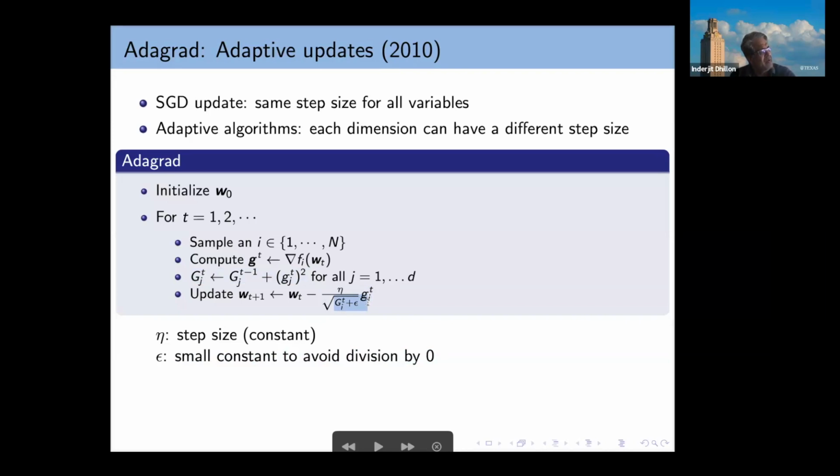So it has this good property that, for example, if you scale your loss function by alpha, this update is actually not going to change, which is a good property to have. Because in stochastic gradient descent, if you scale your loss function by alpha, the gradient will also get scaled by alpha.